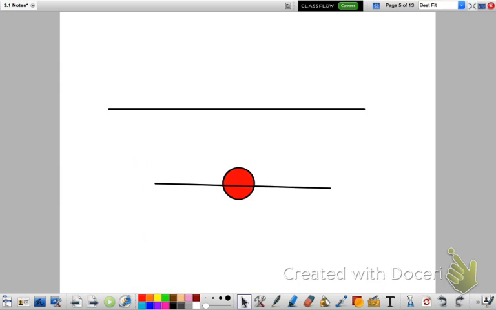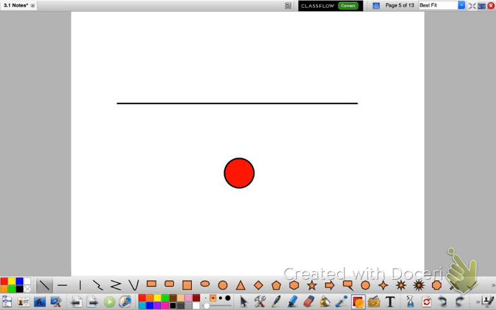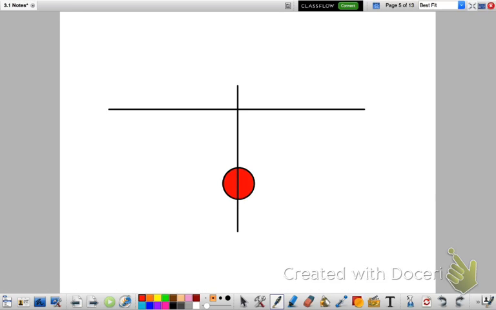Okay. Now, go ahead and try that with perpendicular. See if you can draw a line that is perpendicular to our first line and goes through our point. Go ahead and pause and give that a try. Okay. You should have only found exactly one line that can be drawn through our point that would be perfectly perpendicular with our original line.